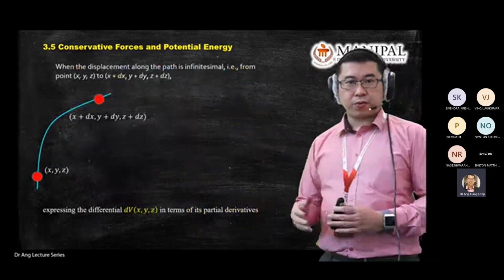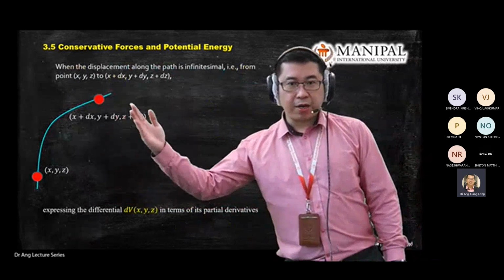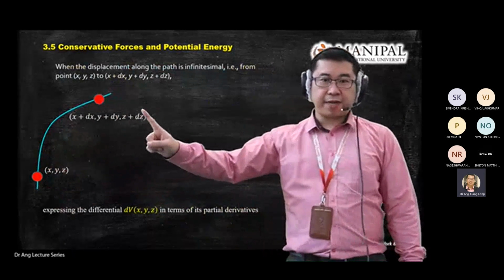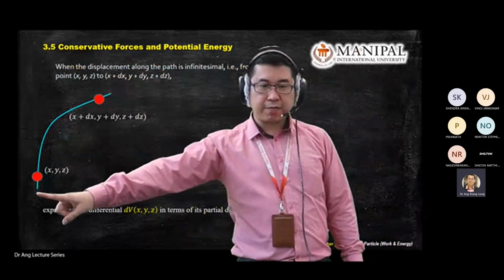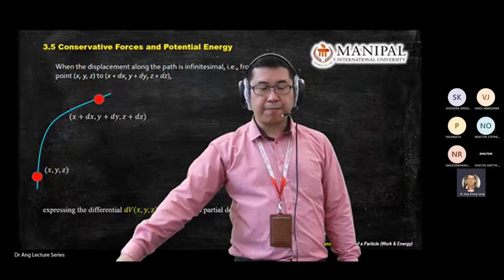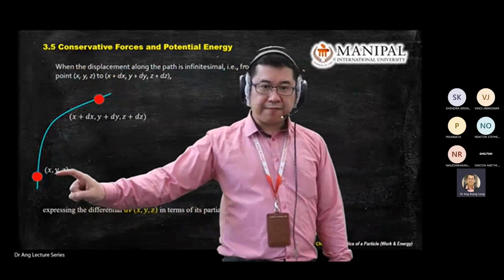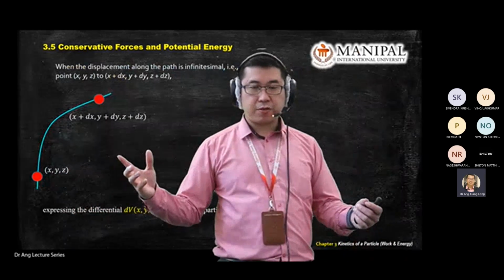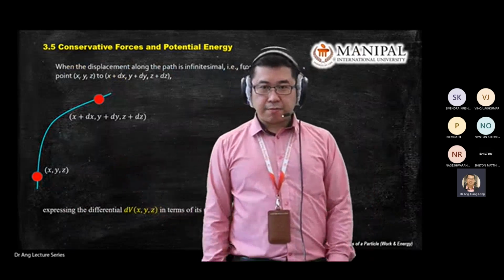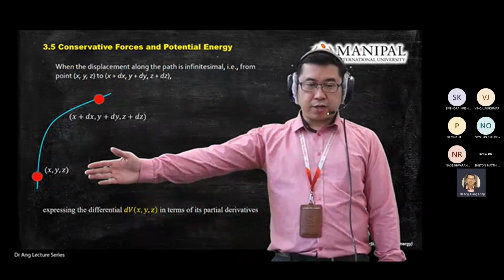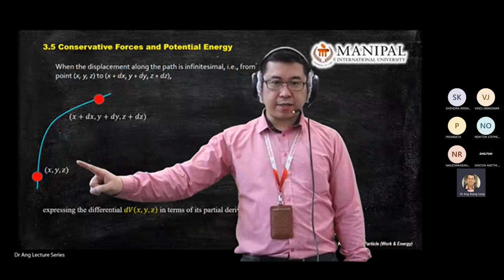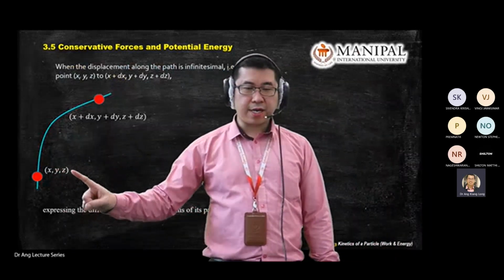Next, we move to an object. What happens if an object is moving along a path that you're familiar with? In this module, I always use the blue color to represent the path. So let's say you have a red object at the starting position in three dimensions, with x, y, and z in Cartesian coordinates.